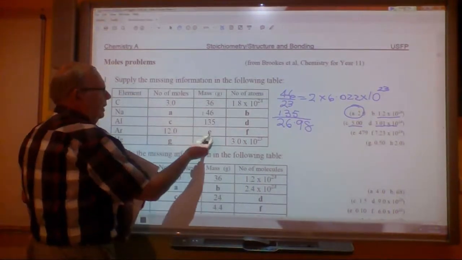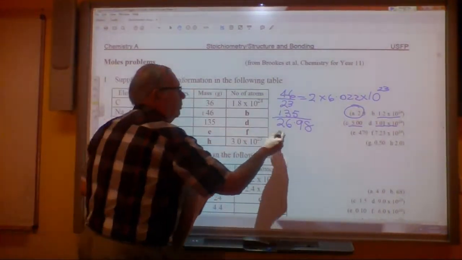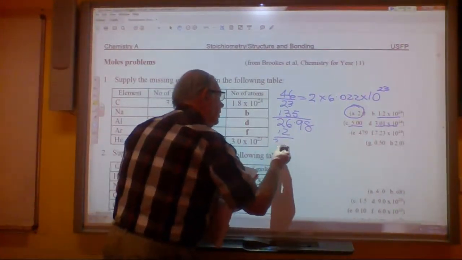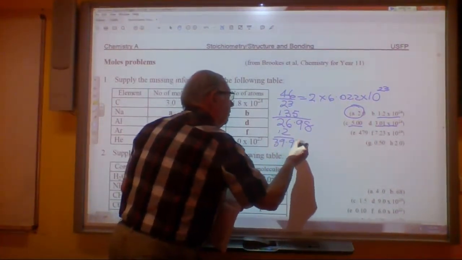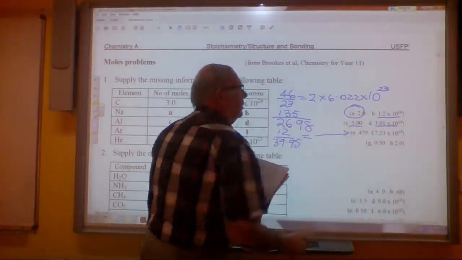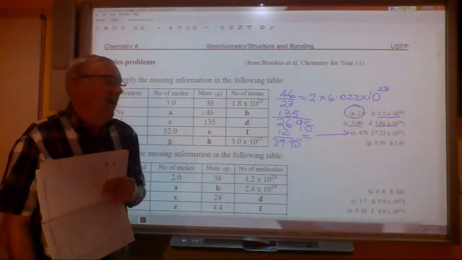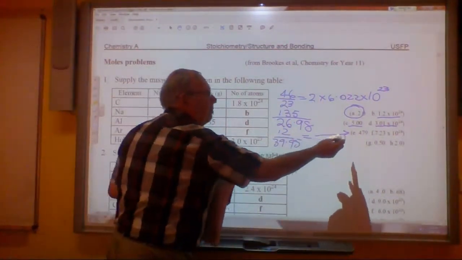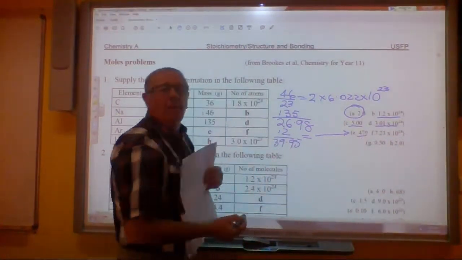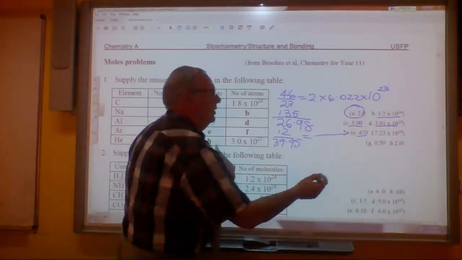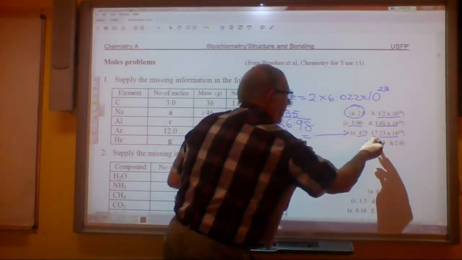So to work out the number of moles here, it would be 12 divided by 39.95, and presumably that comes out to equal that number there. Now, because we've got the number of moles, we can multiply that number by 6.022 to get this number here.